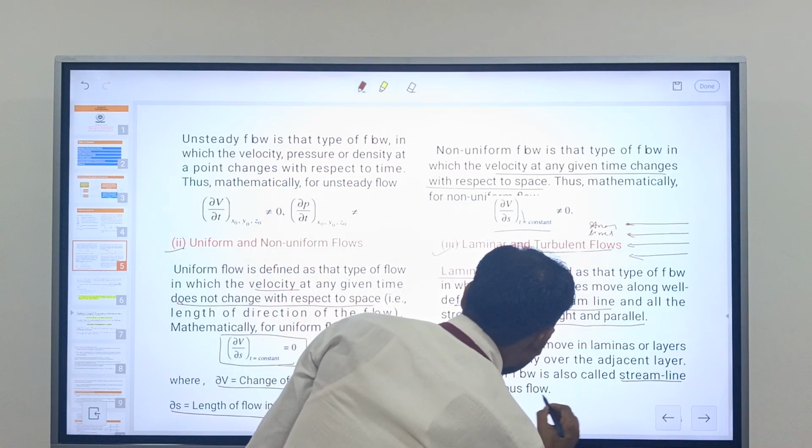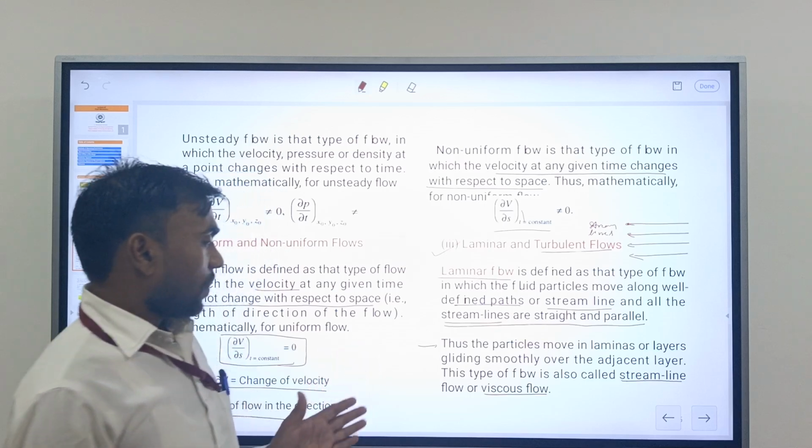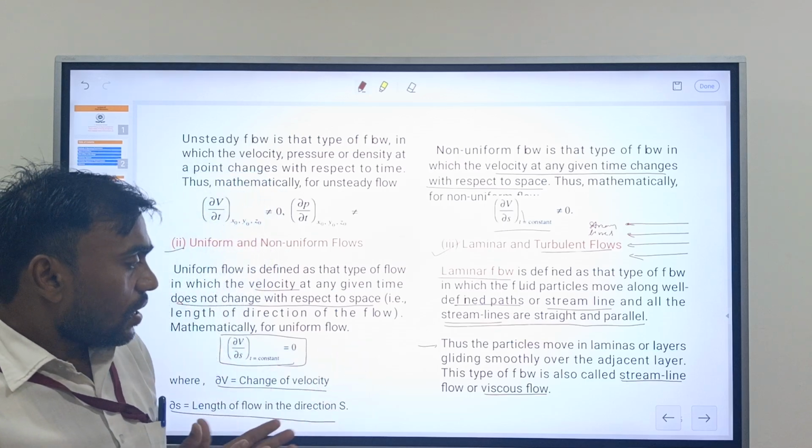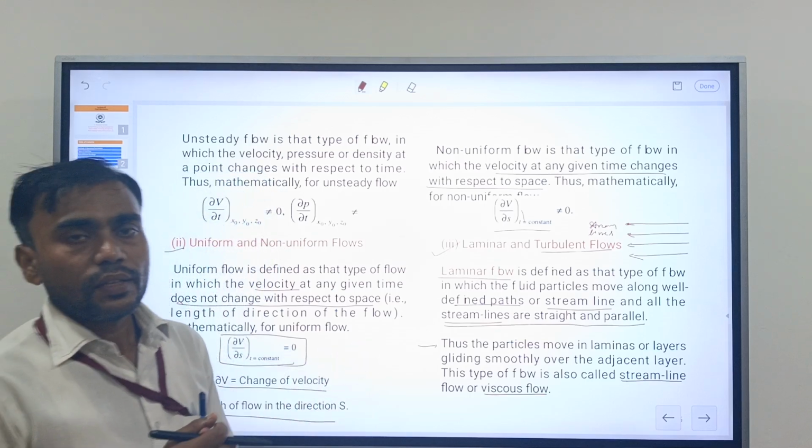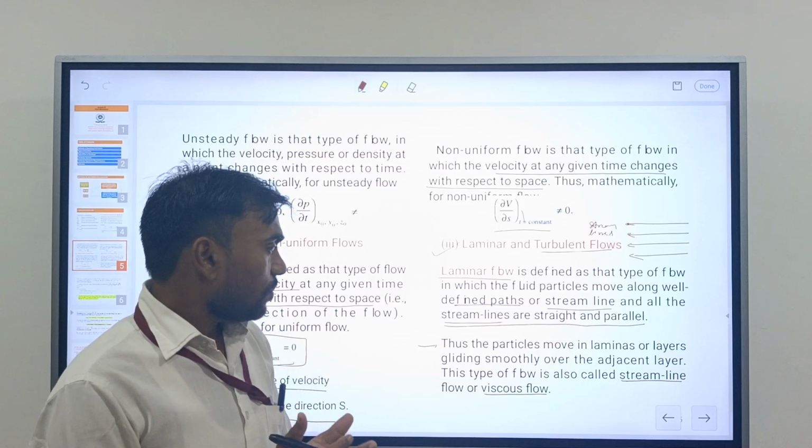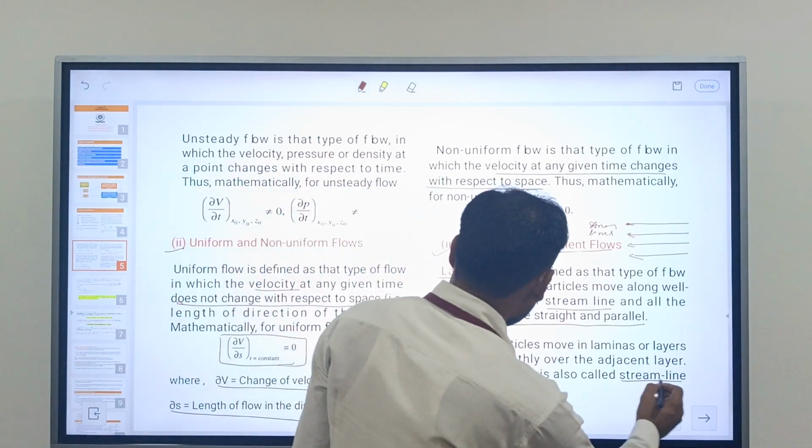So in a question paper, if it is mentioned only viscous flow, it means it is laminar flow, or it is also known as streamline flow.